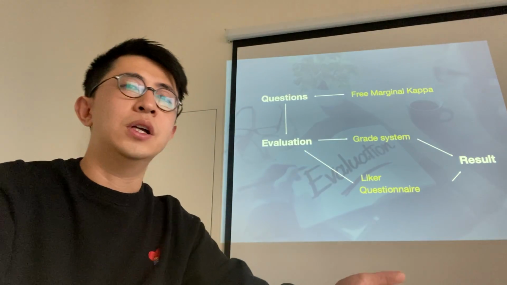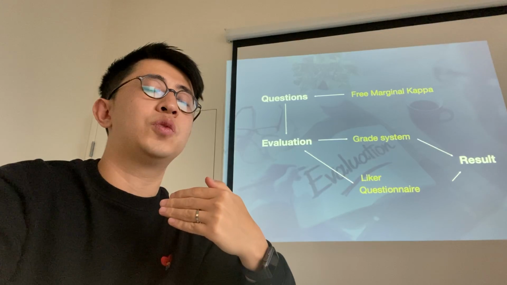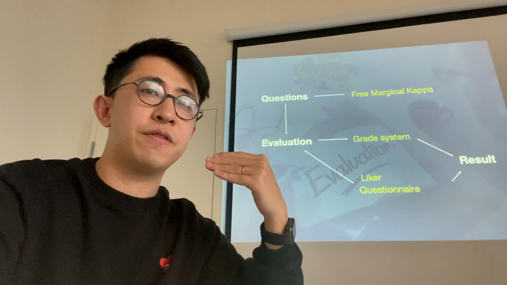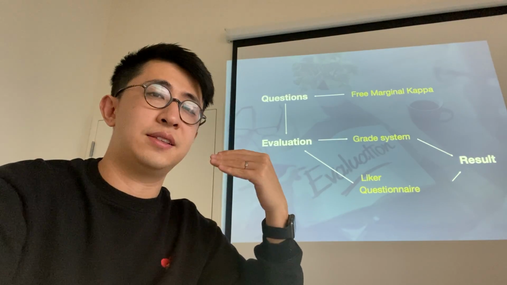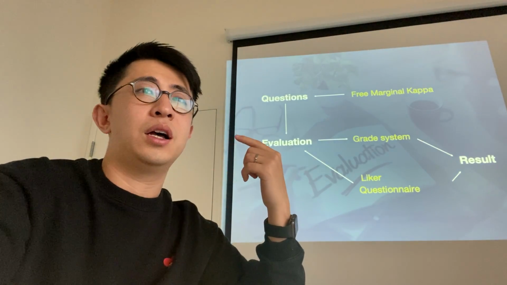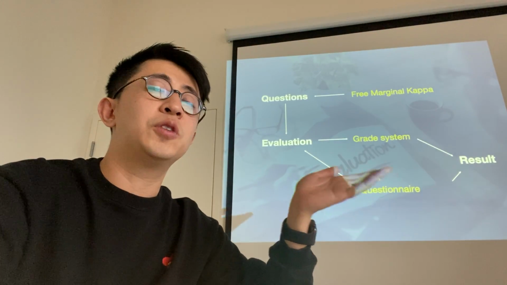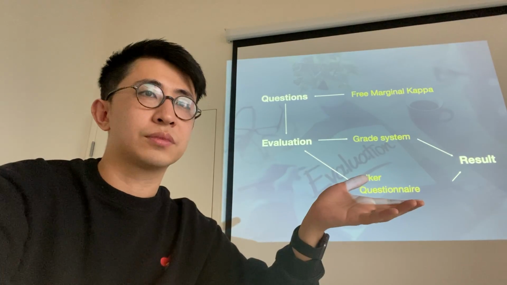And for these questions, we design three different ways to make sure the evaluation methodology is reasonable and accessible. Firstly, we use a free marginal kappa to determine if the annotators are cheating during the annotation task.